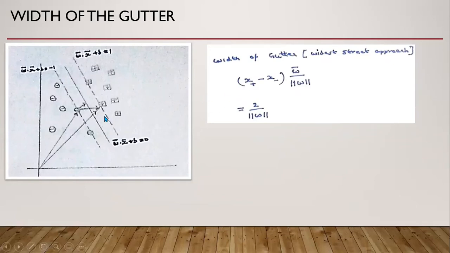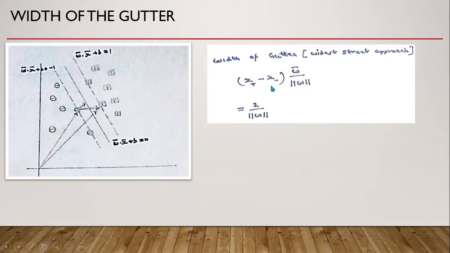So if there are these two points x minus and x plus, and there are these two vectors, the difference between these two vectors is x plus minus x minus, and if we multiply it by the vector w, which is perpendicular to our separating plane, divided by the magnitude of vector w, then this will give us the distance, or the width, of this gutter or street.